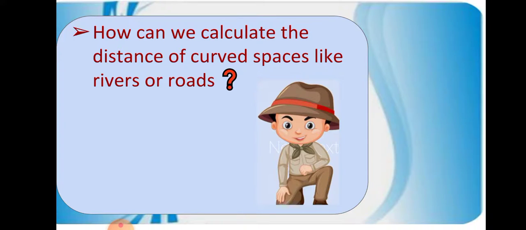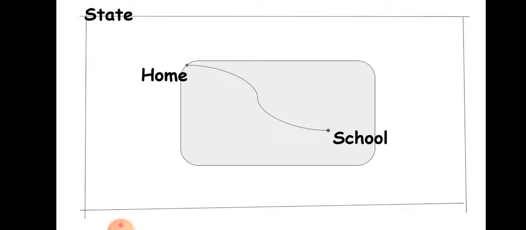If you have not read, pause the video and read it again. So, how can we calculate? A thread can be used to calculate the distance on a map, and then the total distance can be calculated using the scale. Understood? I will show you some example.